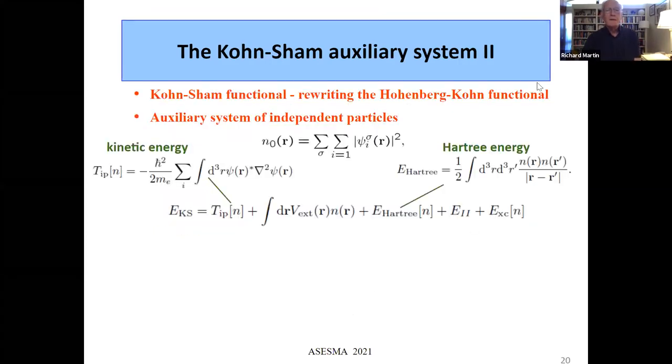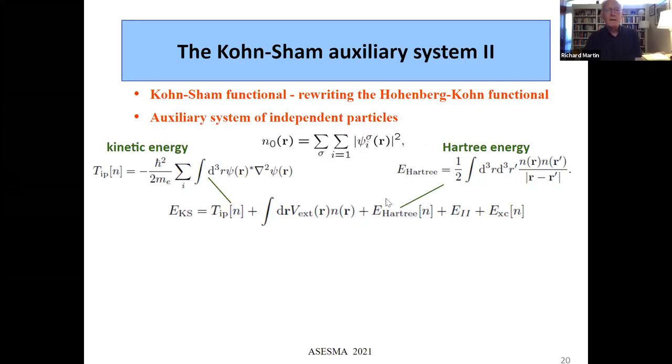So let's look at the way this was formulated by Kohn and Sham. The idea was to set up a system of independent particles, so the kinetic energy is just the sum over the wave functions of the del squared operator expectation value. The density is just the sum of wave functions squared.